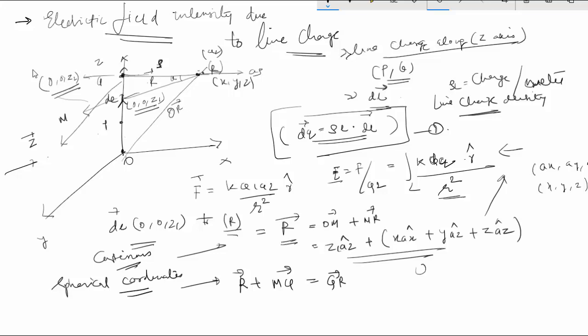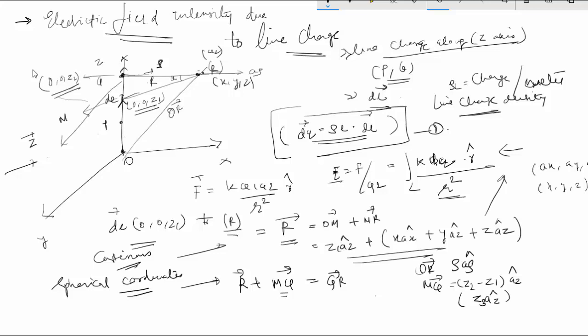So the Q R vector is equal to rho a rho, and the M Q vector is equal to z2 minus z1 az. So simply I can take this as z3 az to simplify it.